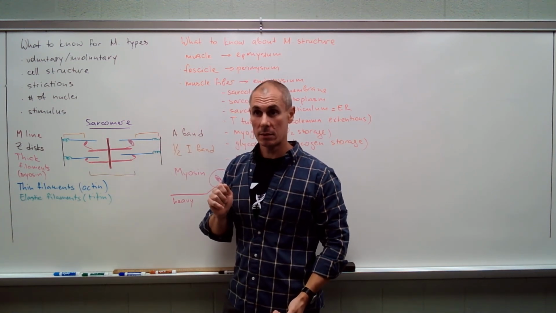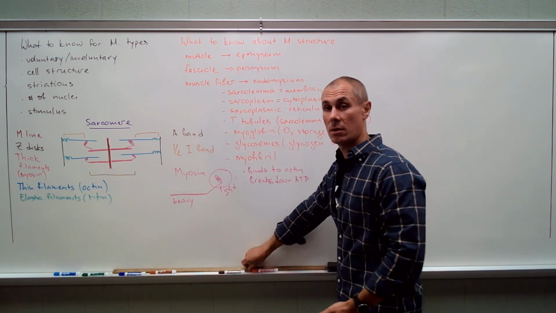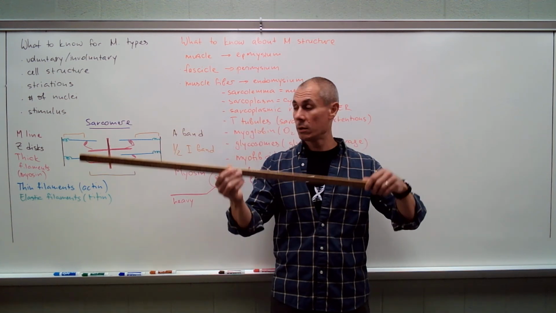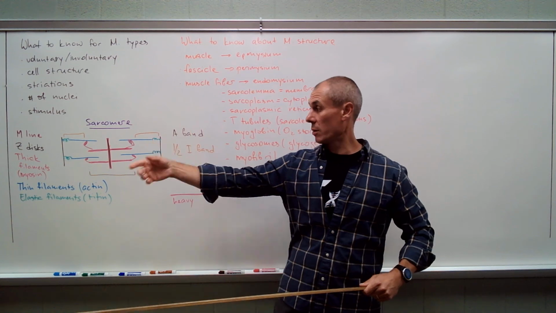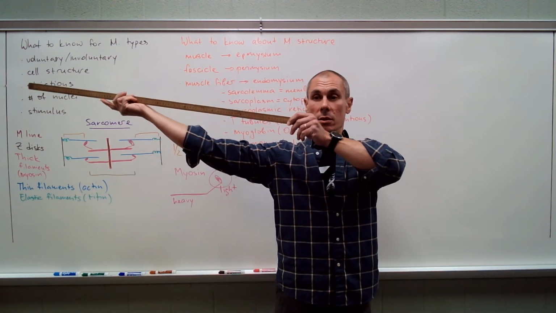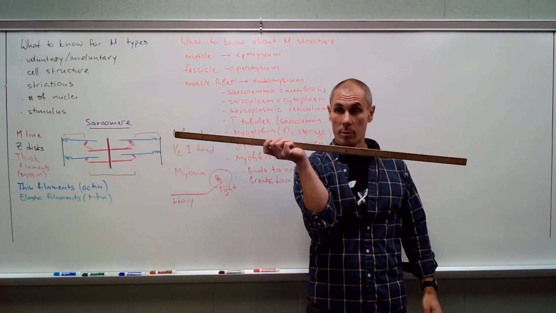Does that make sense? If not, I have an example. This ruler is the thin filament. My arm is the myosin head. During contraction, this happens. Literally, to the M line.